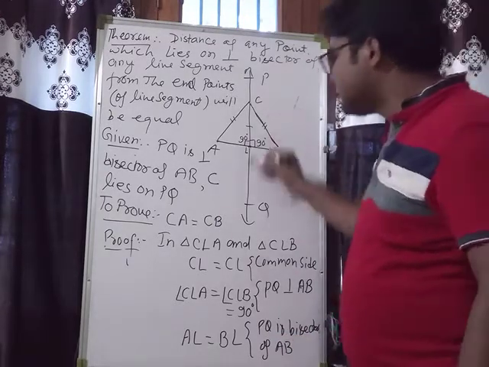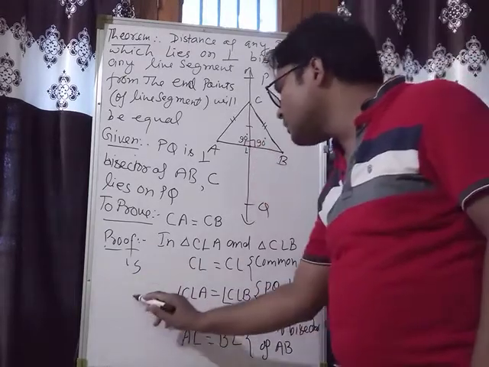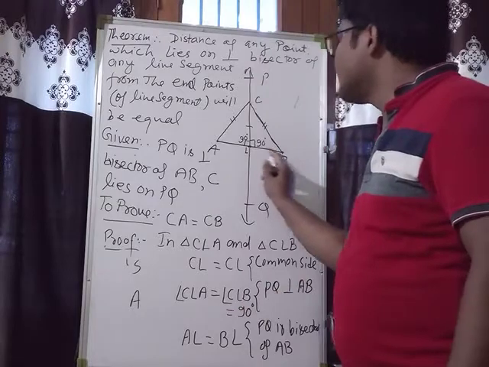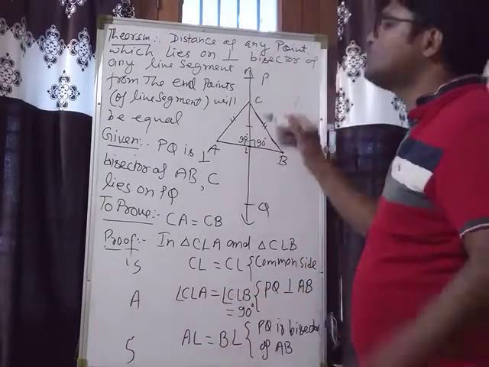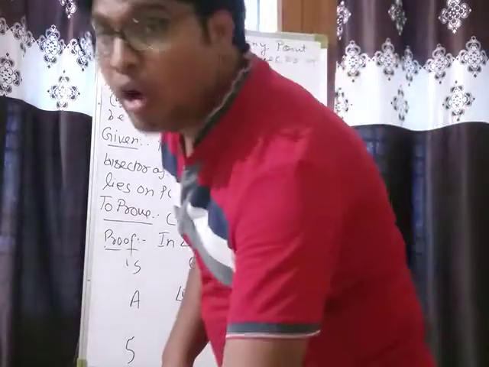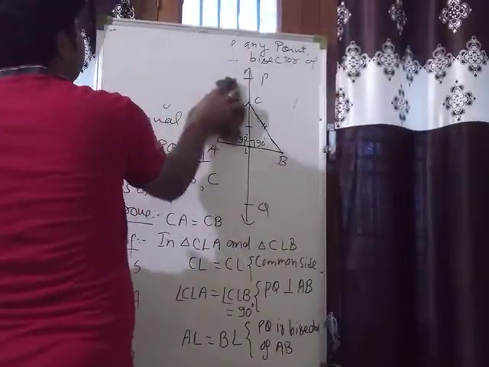Now see, this side, this angle and this again side. By side angle side property, these two triangles will become congruent.